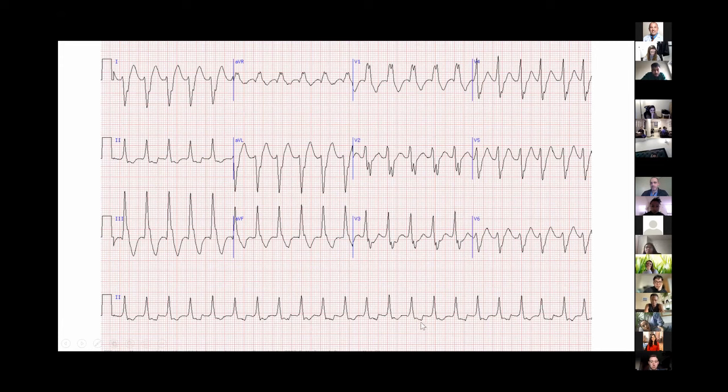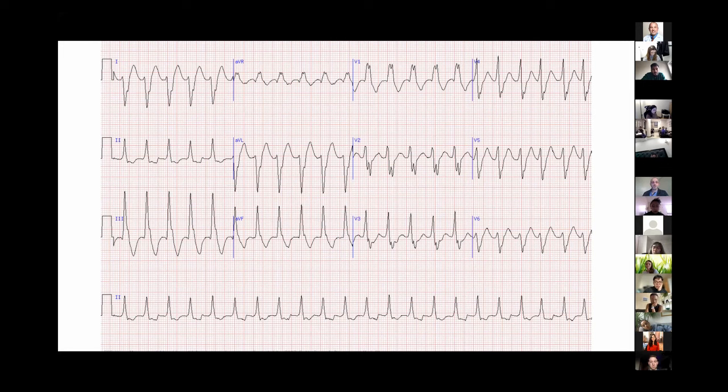So you have AV dissociation, you have RS more than 100, you have the morphological criteria, and now you're quite confident this is diagnosed as VT. And is this the Josephson sign in V2, the notching near S, or is that not in V2 usually? So yeah, exactly. In V1 or V2, but that's usually applied when you have a left bundle morphology, left bundle branch like.